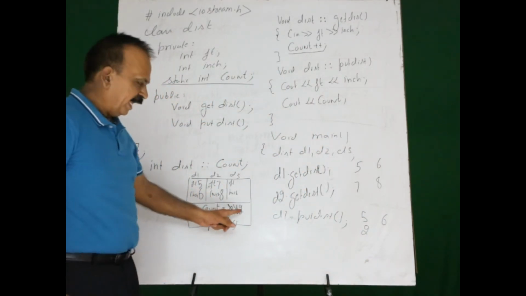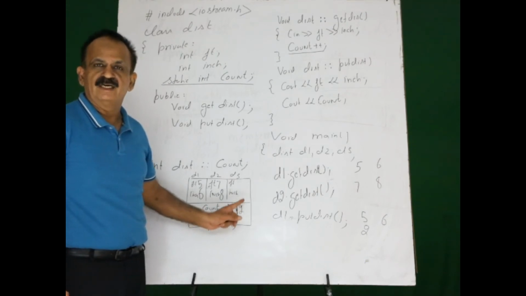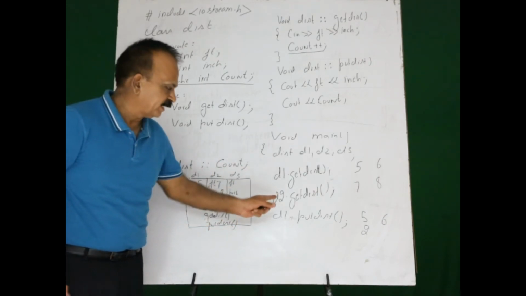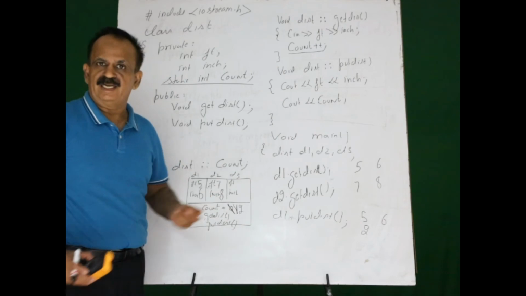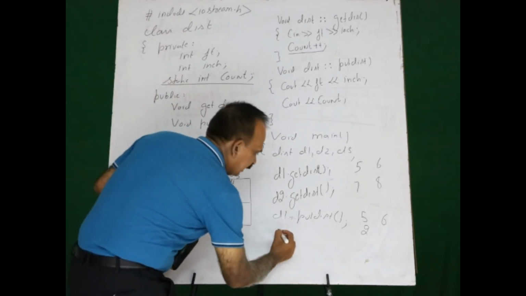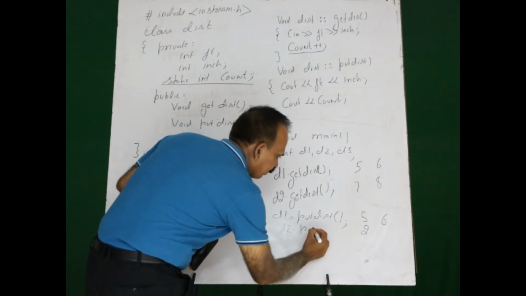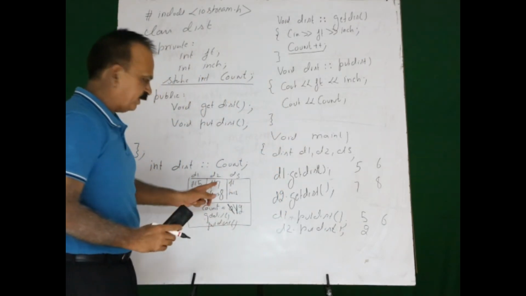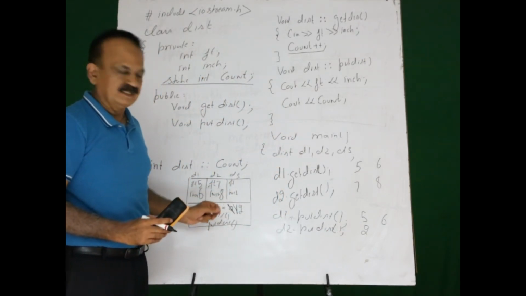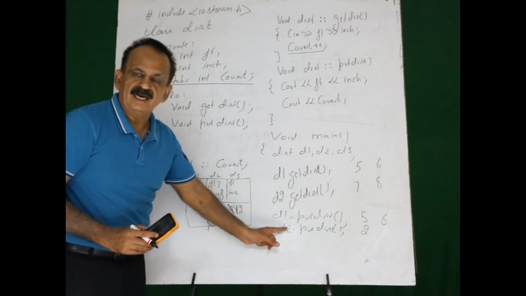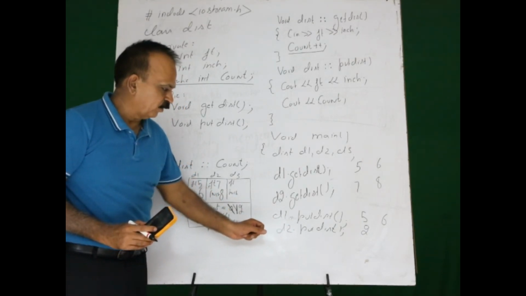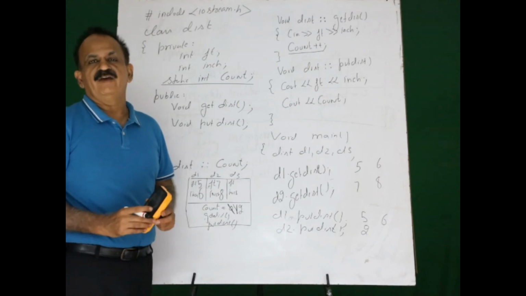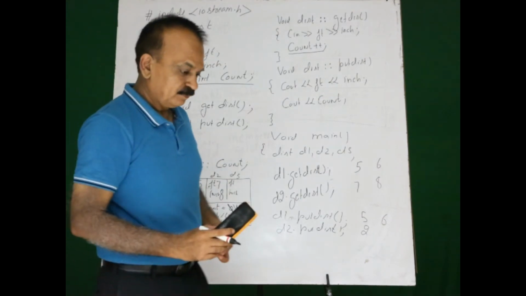Because at present, the value of count is 2. It is not related to d1. It is related to the class. And now I say d2 dot put distance. If I say d2 dot put distance, the values printed will be 7 and 8, and the other value will be 2. 2 is the value of the count.